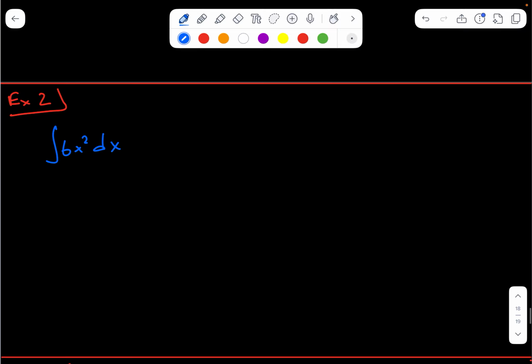Example 2, we have now 6x squared dx. So don't fret. Remember, we can always take a constant value outside of the integral. So we can rewrite this as 6 times the integral of x squared dx. And now we just focus on this part right here. So our n would be 2. So we have x to the 2 plus 1 over 2 plus 1.